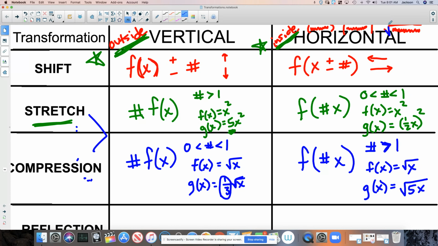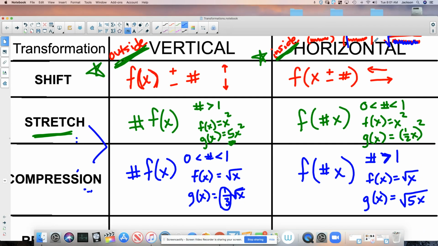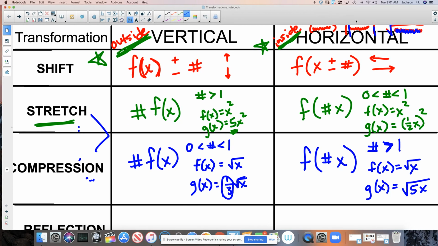We talked about in an earlier video that inside means inside parentheses or absolute value, or a radical symbol, sorry about that. That's where we know to see the horizontal transformations occurring, inside these grouping symbols. So here we have our compression transformations.